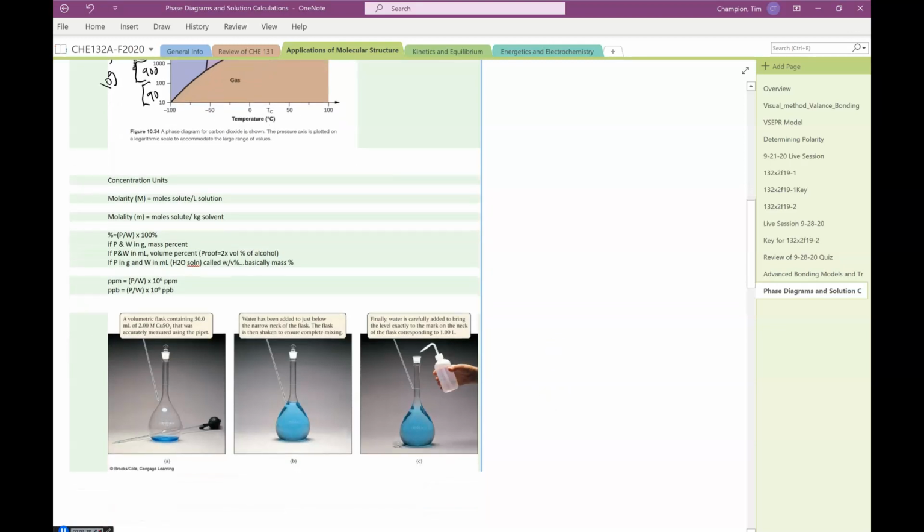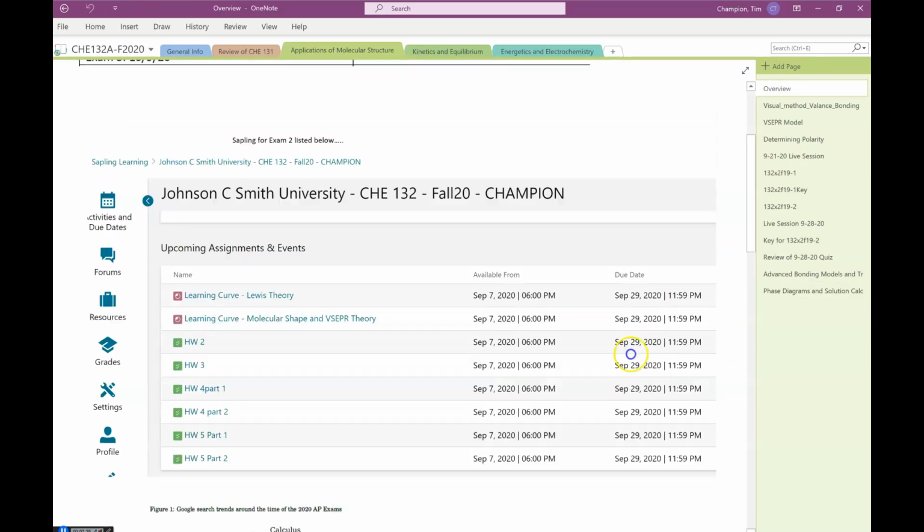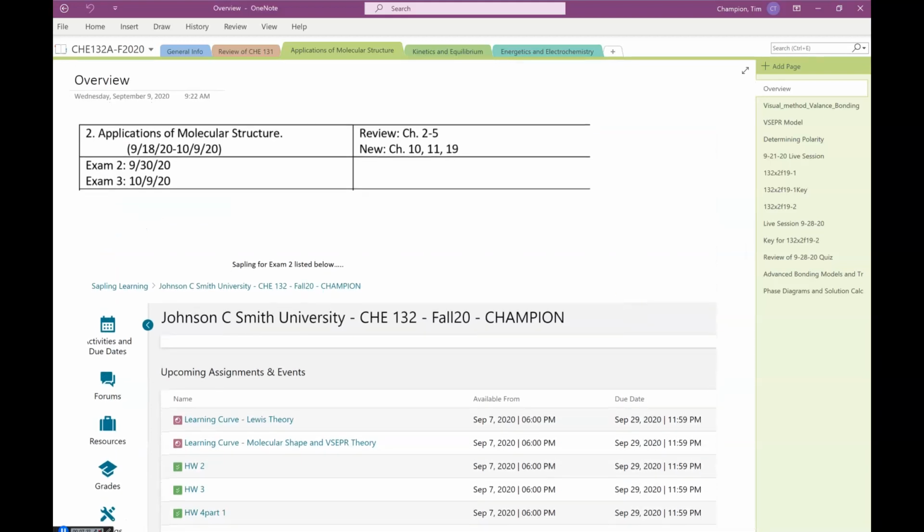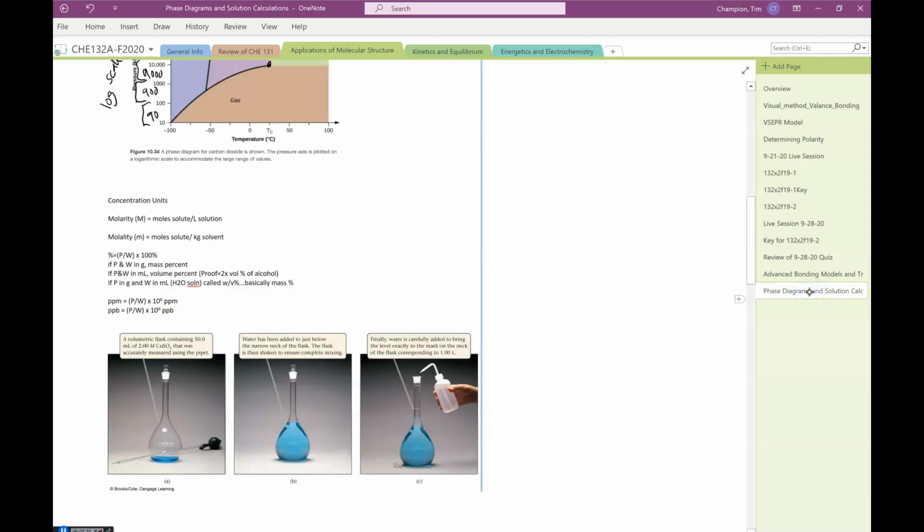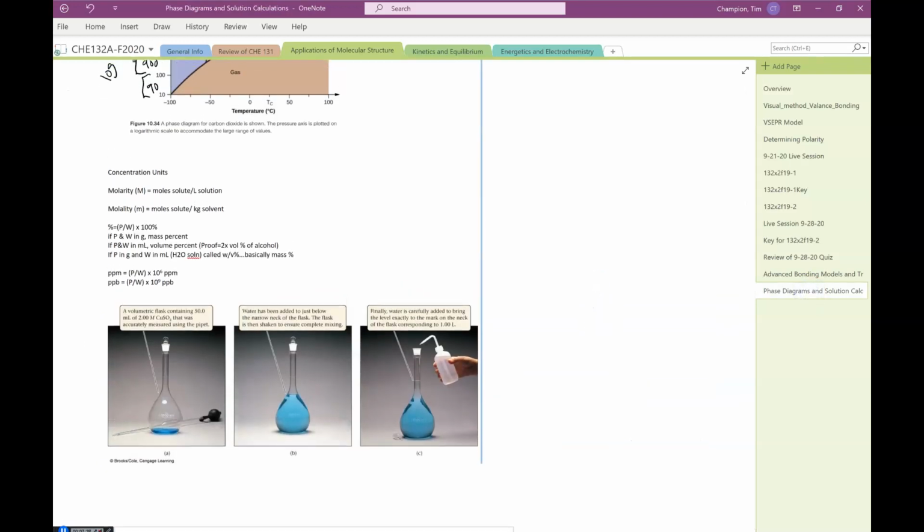These are all back in the chapter, let's see, the overview here. I think it's chapter 4, maybe. There might be a different chapter where you have a basic review of those concentration units. Let's see, that figure came from another text, so I can't tell from that.